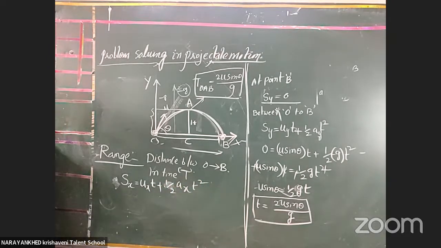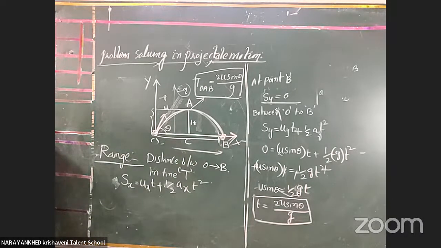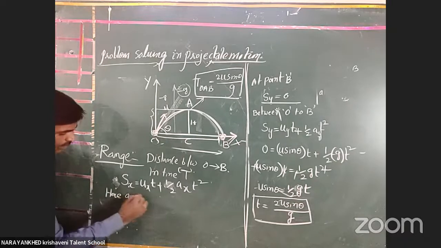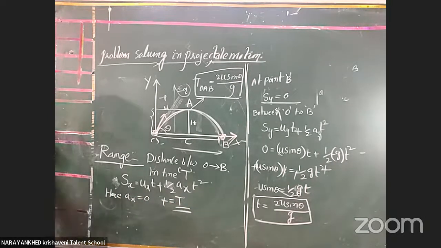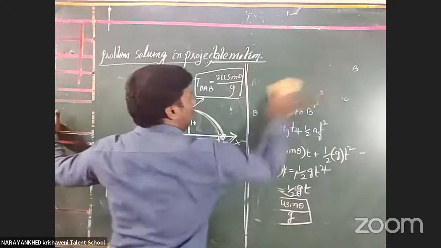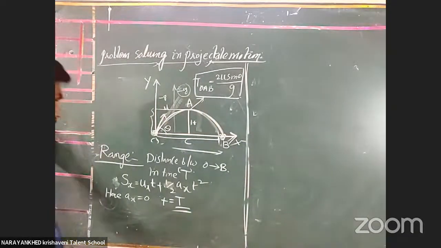Here ax is equal to what? 0. Why? There is no acceleration of the body along the x-axis. Clear or not? Here ax is equal to 0, and t is equal to capital T. Now you have to substitute the ux value and the t value. What will it become?